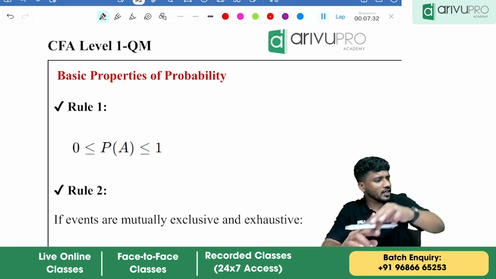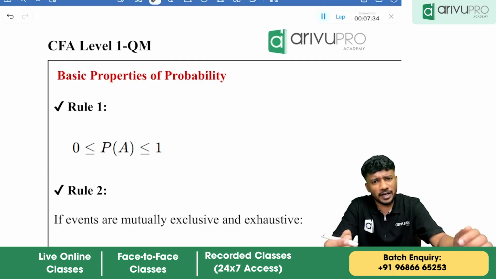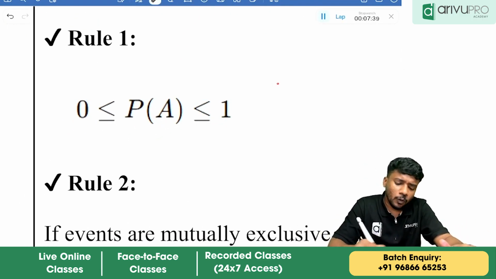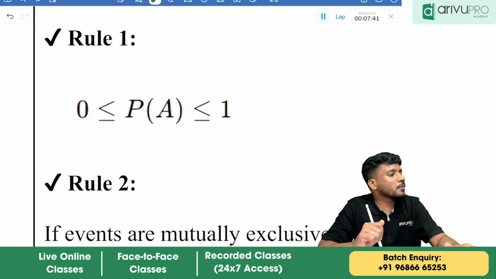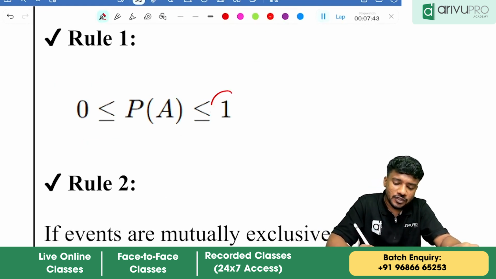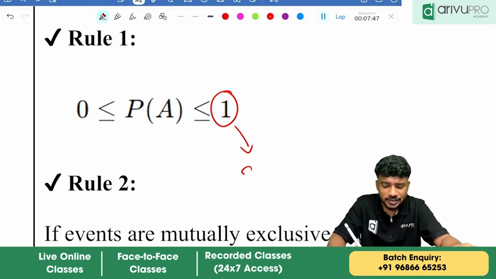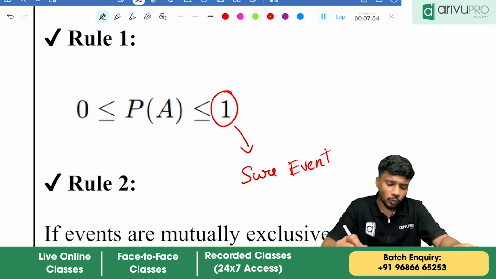Yes. Something we discussed prior. Anyway, I'll discuss again some of the basic properties of probability. So what is the first one? The maximum value of probability is how much? Which is equal to 1. When it is equal to 1, we will say that it is a sure event. So the probability of a sure event is equal to how much? 1.